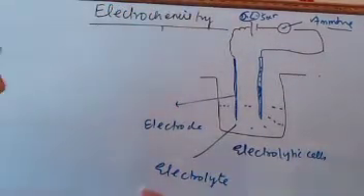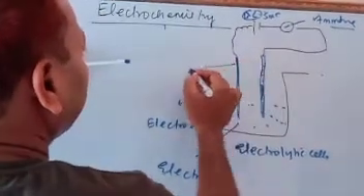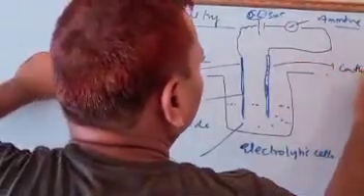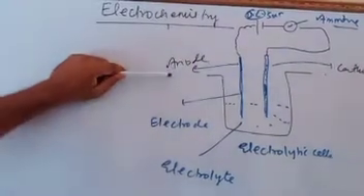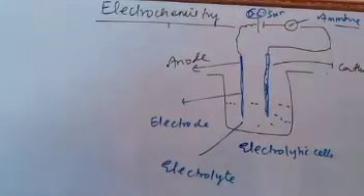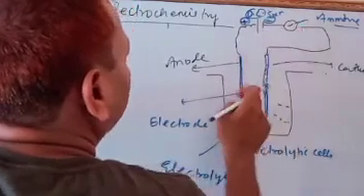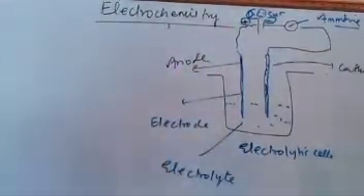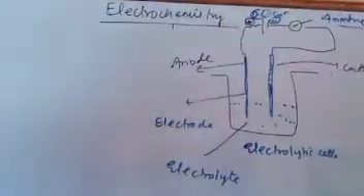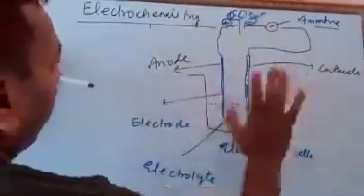So on the left-hand side we write anode, and this is the cathode. In an electrolytic cell, the anode is connected with the positive side of the battery, and the cathode is connected with the negative side. So this connection is done.